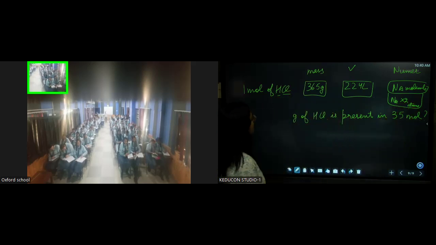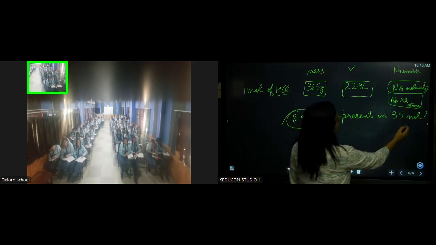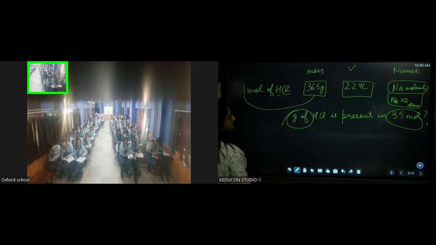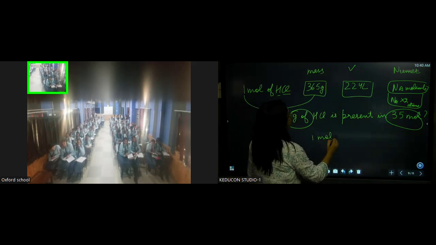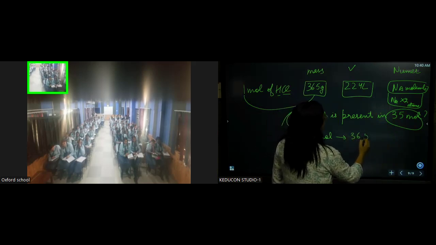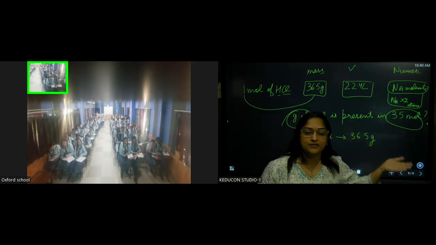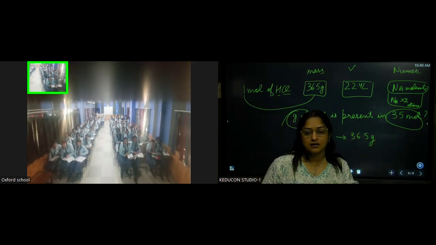But you are asked about grams and moles. This is the relationship between grams and moles. So 1 mole has 36.5 grams of HCl. So if one has this much, how much will 3.5 have? Like if the price of one toffee is 10 rupees, what will be the price of 3 toffees? You do 3 into 10.